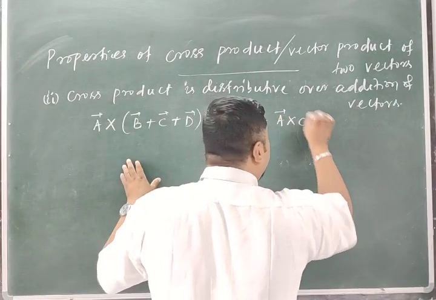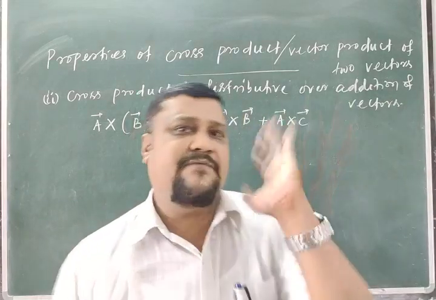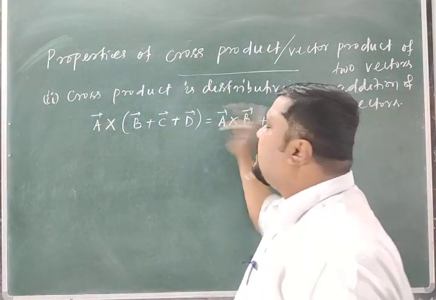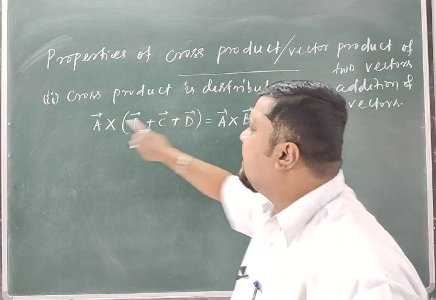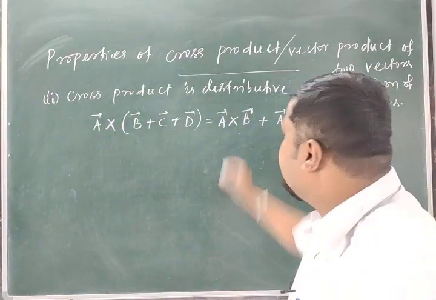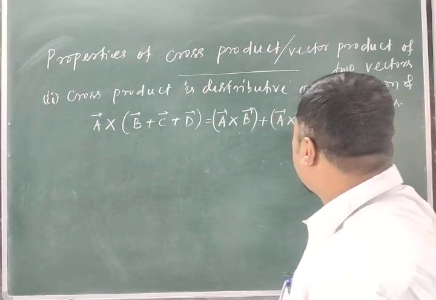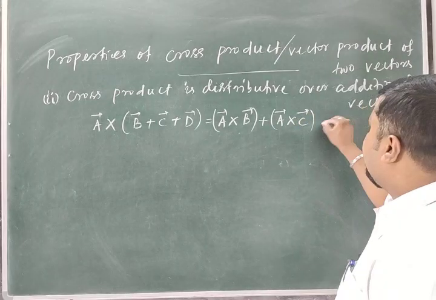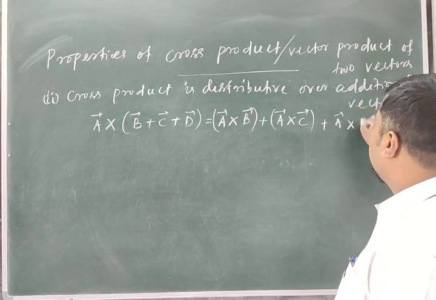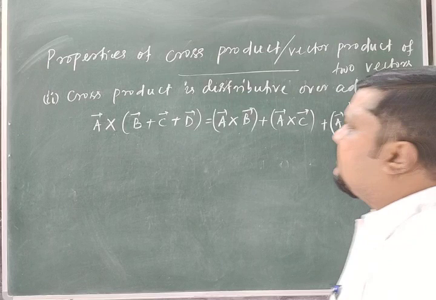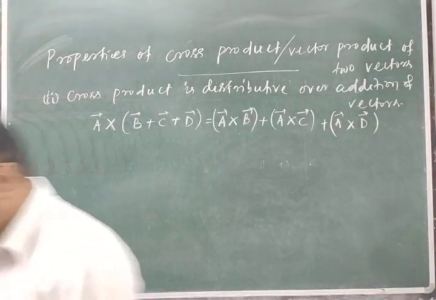In the dot product you are free to write A dot B or B dot A, both are the same because the dot product is commutative, but the cross product is not commutative. The cross product is distributive.